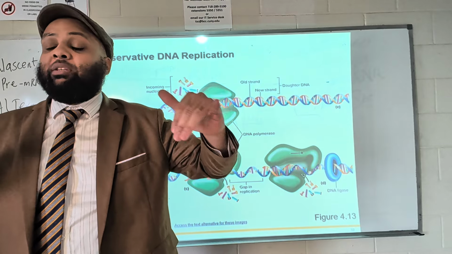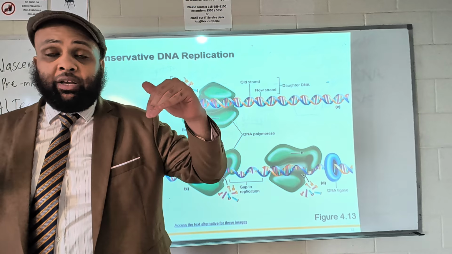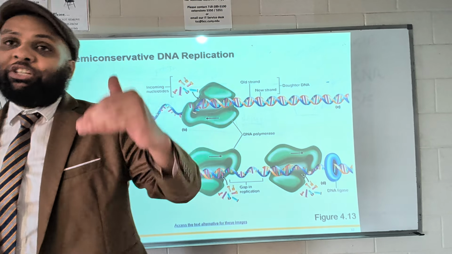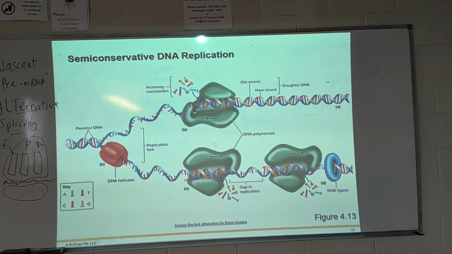So the process of DNA replication is going to be very discontinuous, because you're going to need this blue enzyme called DNA ligase. DNA ligase is going to come like glue, connecting all the missing discontinuous pieces to make them whole again. You need to know the DNA helicase. That's the one that unzips and unwinds the double-stranded DNA.